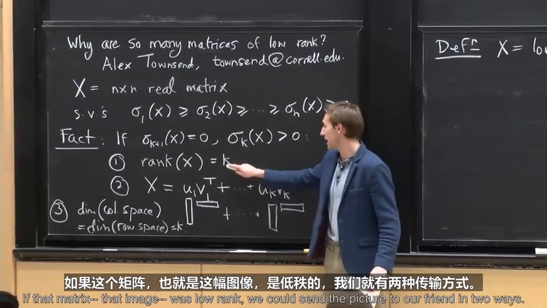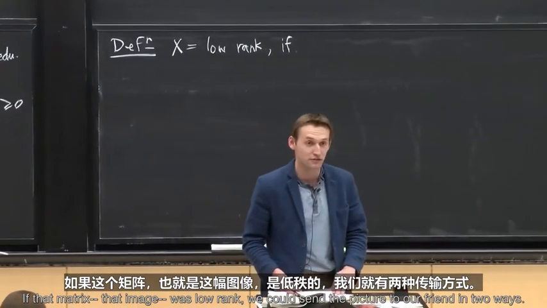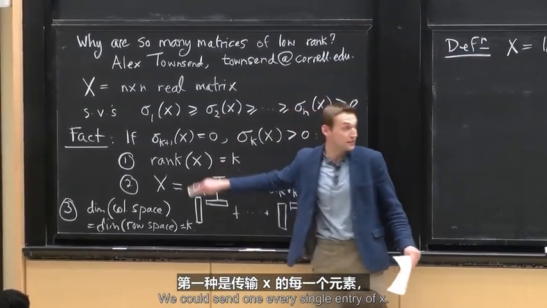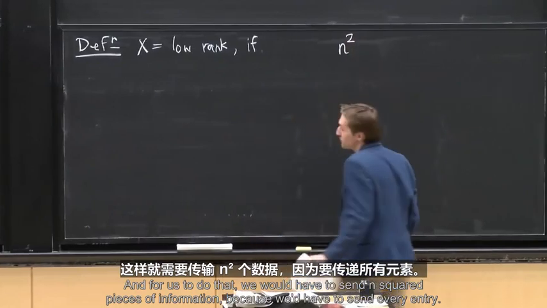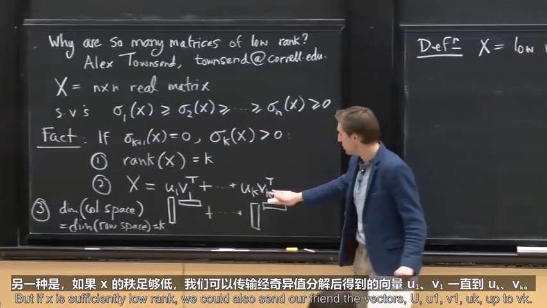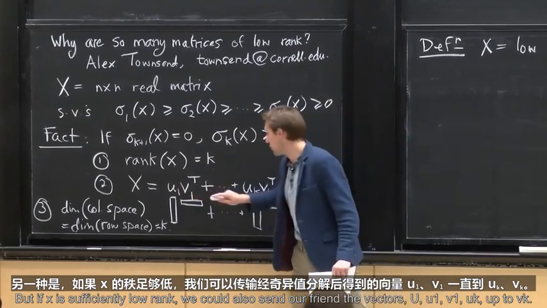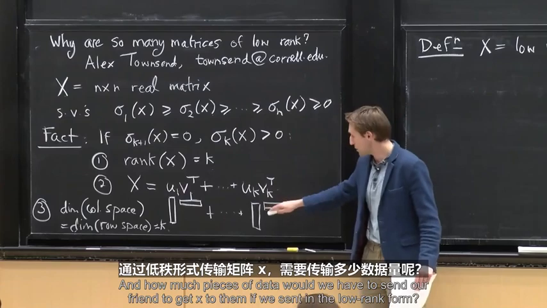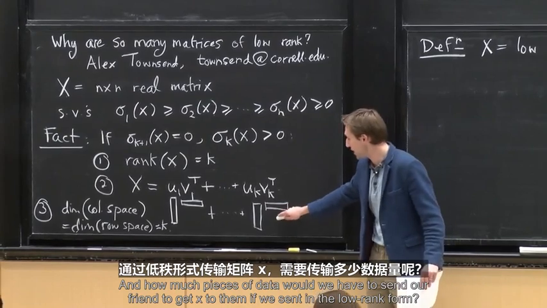If that matrix, that image, was low rank, we could send the picture to our friend in two ways. We could send every single entry of X, and for us to do that, we would have to send n squared pieces of information, because we'd have to send every entry. But if X is sufficiently low rank, we could also send our friend the vectors U1, V1, up to Uk, Vk. And how many pieces of data would we have to send our friend to get X to them if we sent it in the low rank form?